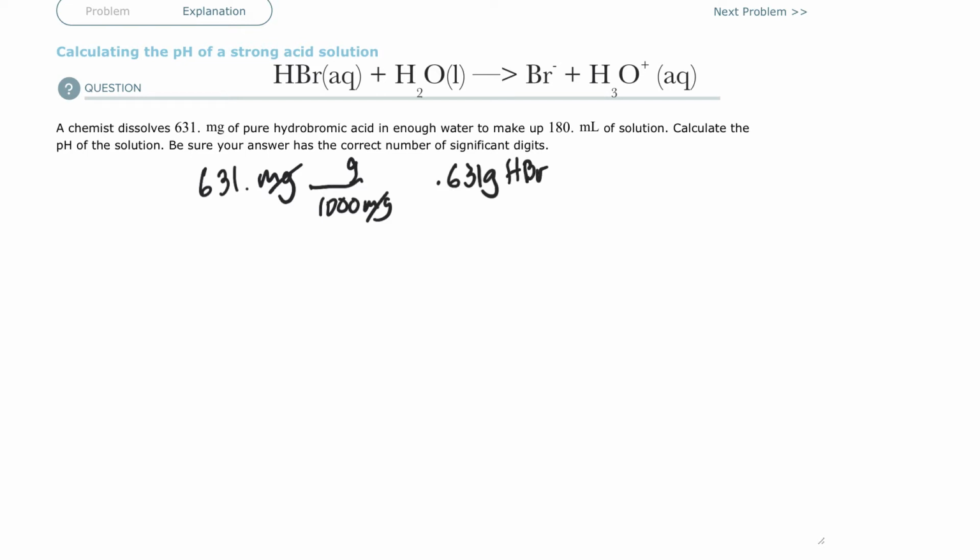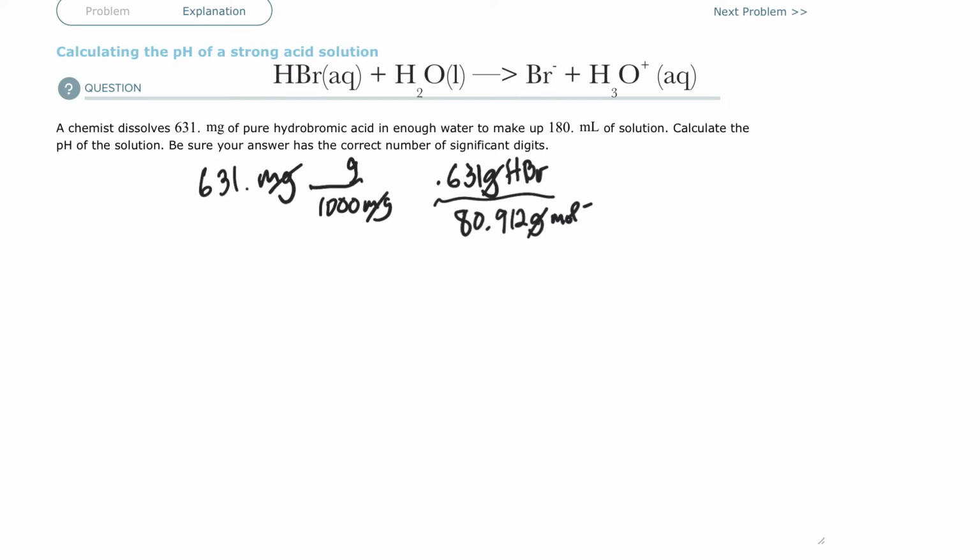And I have to divide by its molar mass. So I go to the periodic table, find hydrogen and bromine, add them together. And this is 80.912 grams per mole. Grams will cancel.